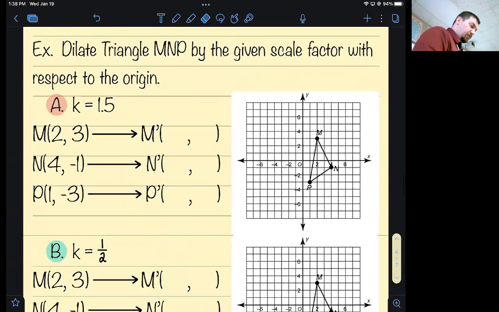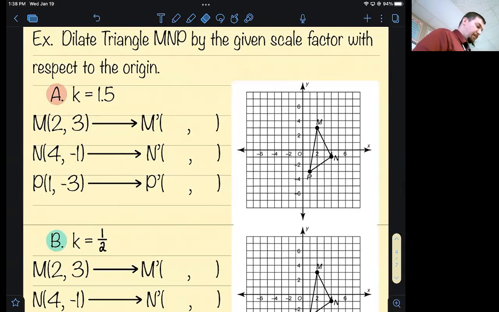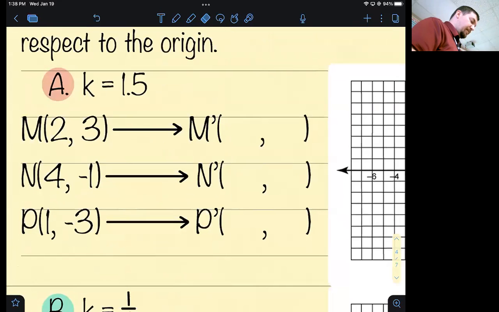Okay, moving on to, we're actually going to do it on the coordinate plane now. Dilate triangle M N P by the given scale factor with respect to the origin. We're going to times everything by 1.5. You could use your calculator on here if you need to. Deegan, tell me what 2 times 1.5 and what 3 times 1.5 is. So you're doing M prime.